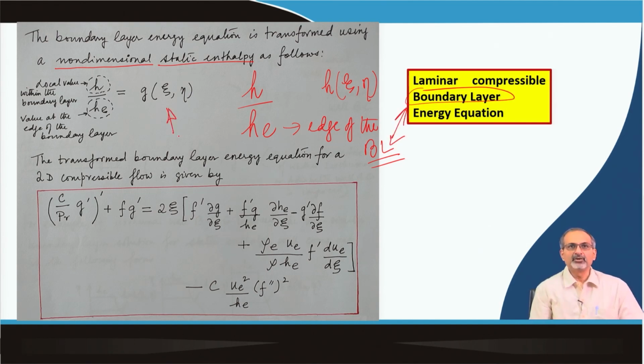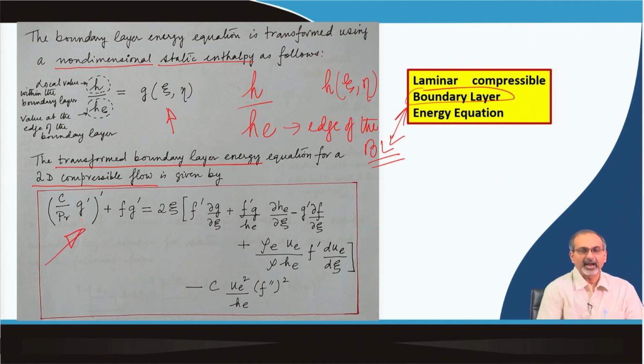So, we define a new function g, which is a function of chi and eta, and we use the transformation derivatives like we did for the x and y momentum equations, and therefore, the transformed boundary layer energy equation for a 2D compressible flow, of course, steady, laminar, etc., comes to this form.